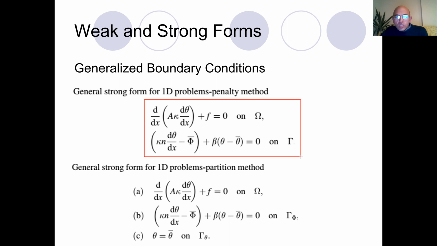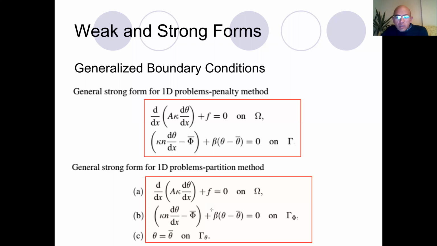Of course, you can partition the boundary. In that case, we have one differential equation which is valid in the domain omega, and we have the flux boundary.